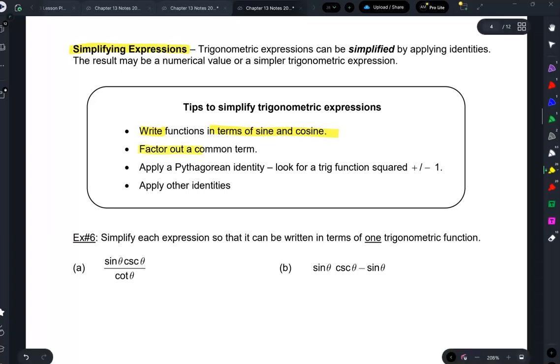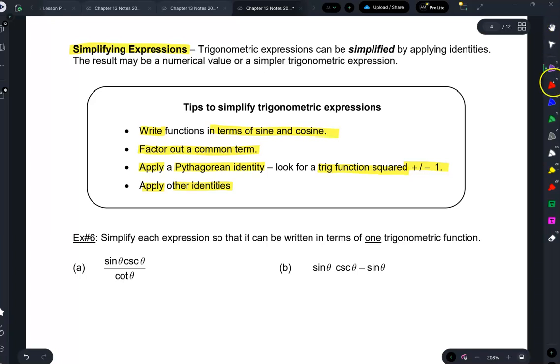Another thing is factor out a common term. Another one is apply a Pythagorean identity. Remember the 3 Pythagorean identities. The way you know to apply a Pythagorean identity is if there is a trig function squared with a plus or a minus 1. So 1 plus sine squared, tangent squared minus 1, and so on. Or you can apply other identities.